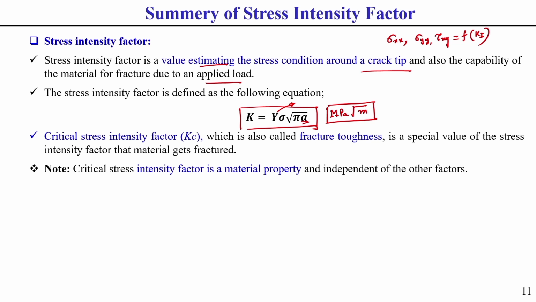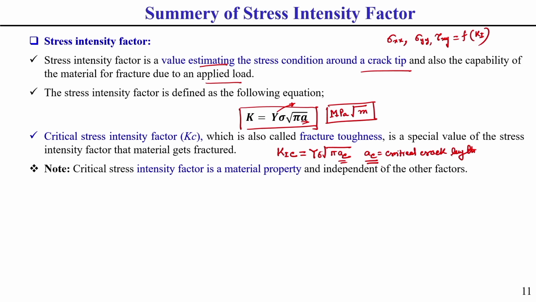What I am telling, understand? So, at that critical crack length, whatever stress intensity factor K1 we get, this critical crack length is a special value of crack length which gives us a special value of stress intensity factor, at which the material fractures. This you should keep in mind.